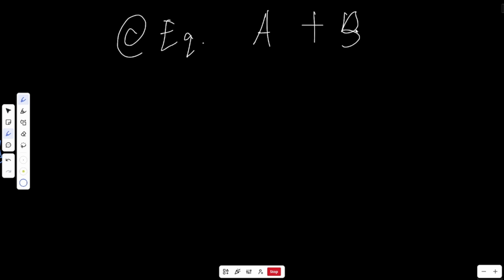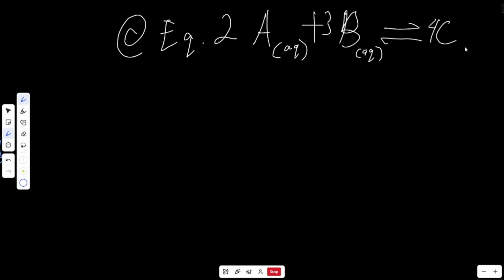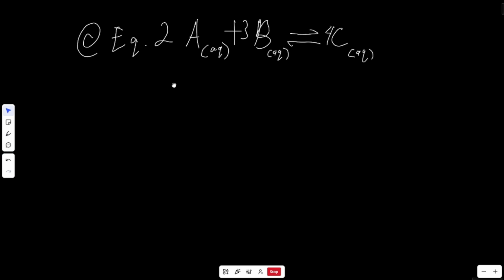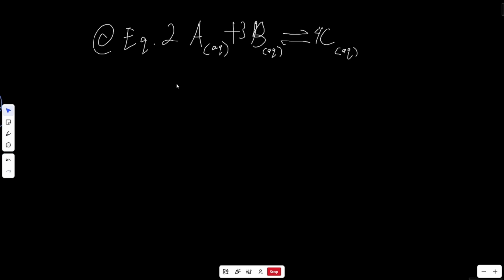Say A and B are reversible to C, with coefficients 2, 3, and 4. They're all aqueous. First, let's write our equilibrium expression for Kc. Find Kc and Kp here if applicable.